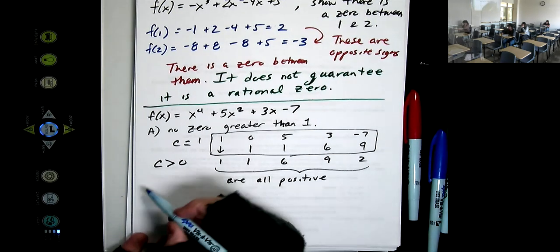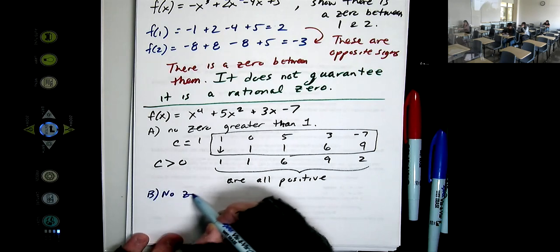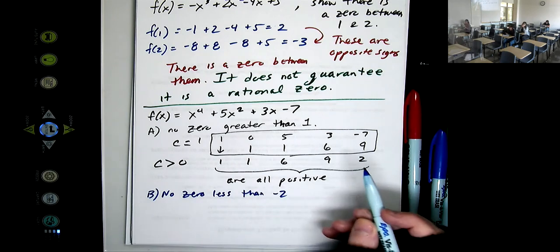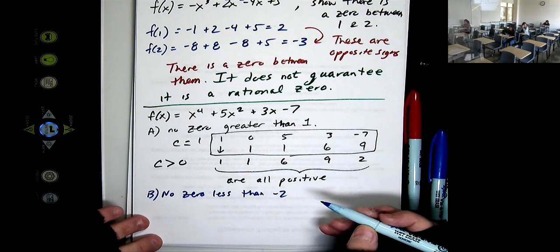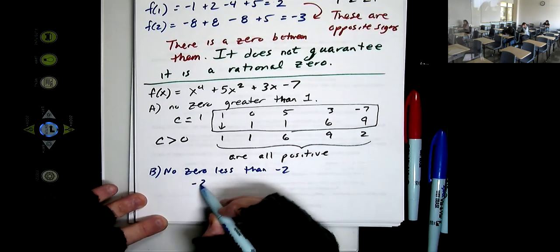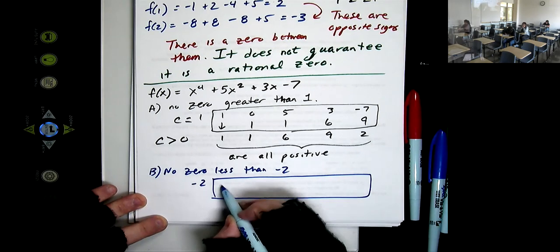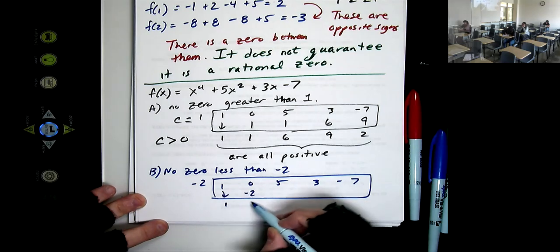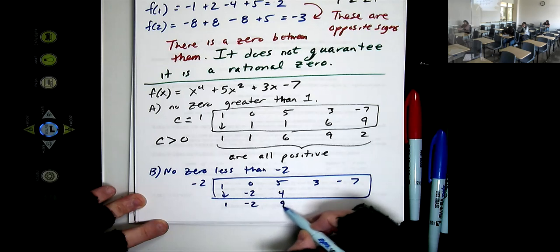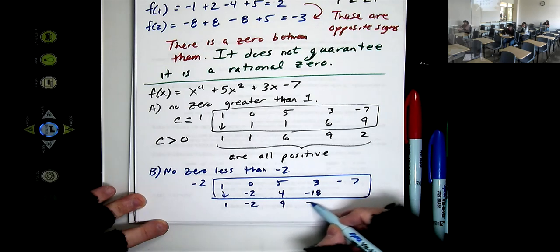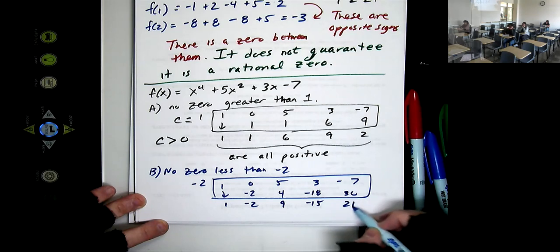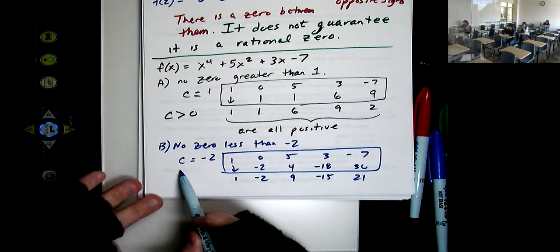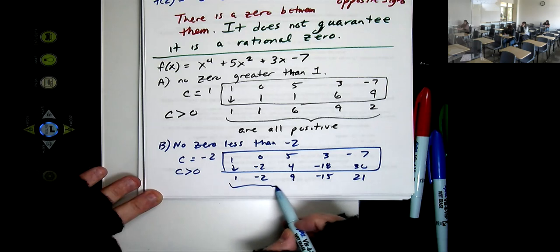We can also show there is no 0 less than -2. So when you do synthetic division, you get those results. c is less than 0, and these alternate signs.